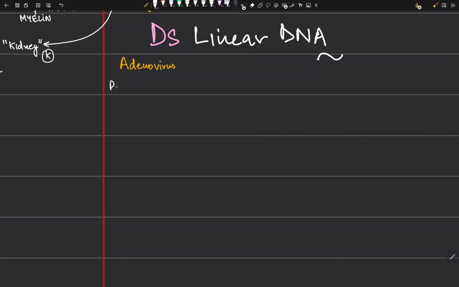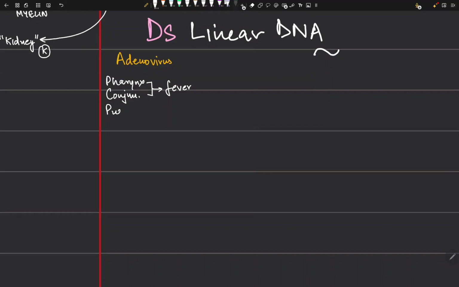Pharyngitis, so pharynx. We have conjunctivitis. We have pharyngoconjunctival fever, right? So they have fever as well. Pneumonia, a bunch of things. Really high yield, pneumonia. Again, hemorrhagic cystitis.